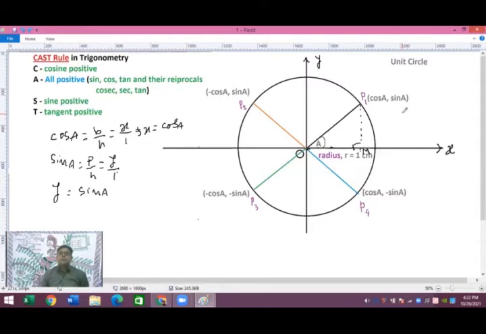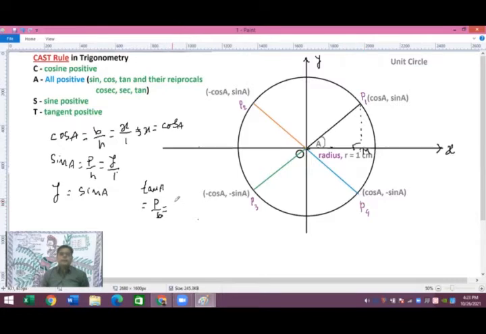Then what about the tan? If you would like to find tan A, you can do it in two ways. It is the ratio P by B, perpendicular by base. Here the perpendicular is P1M.